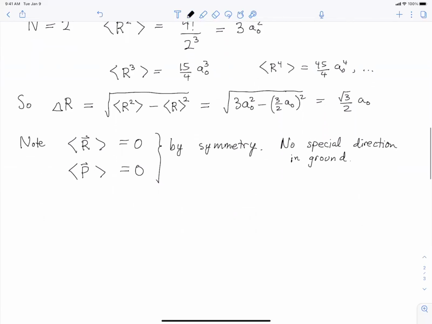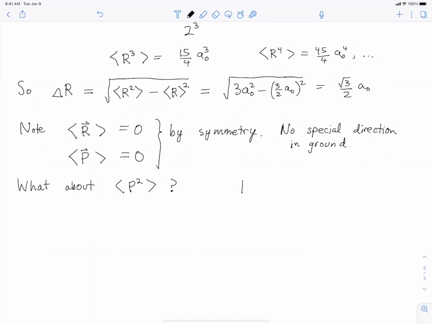But one thing we could do is we could say, instead of position, let's ask, what about the expectation value of momentum squared? So that's not a vector. So the argument about no special direction doesn't work, and we actually have to do a calculation to find out what's the expectation value of the momentum squared. Okay, so let's just do it. And we will do it using, again, the position representation.